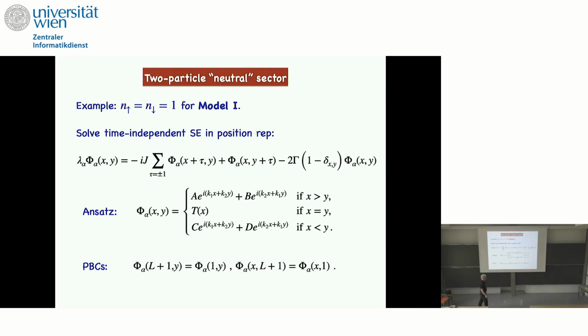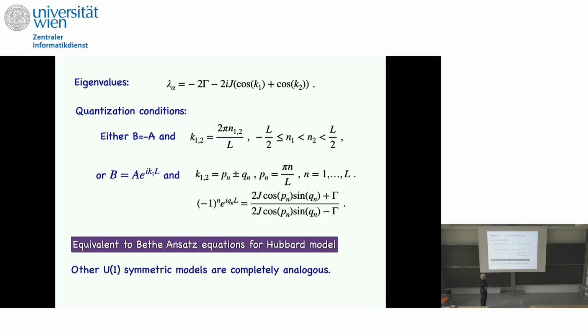It works for all of the models. You supplement this by the boundary conditions. So let's say we are on a ring, so these are the periodic boundary conditions. And then the eigenvalues you can just read off. These are the eigenvalues, given in terms of these single particle momenta.